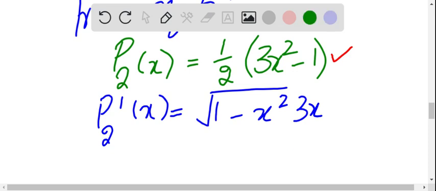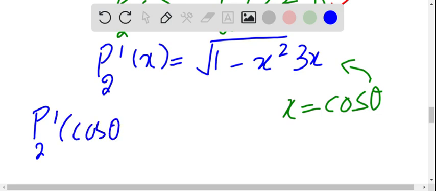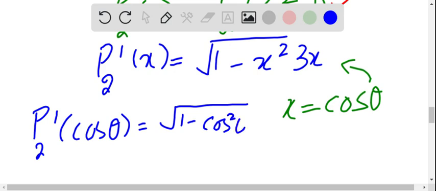But this x is basically cos theta, right? So we will plug this over here and we'll get that p sub 2 1 of cos theta is equal to under root 1 minus cos square theta into 3 cos theta, right?